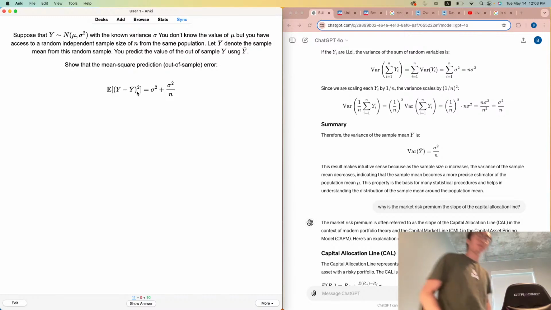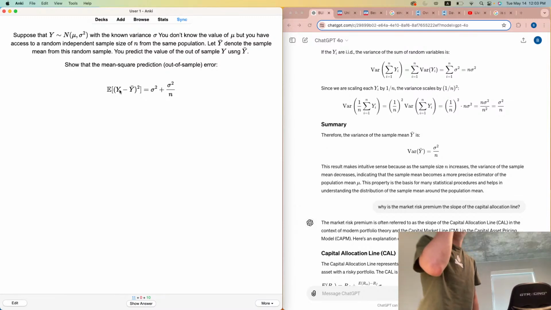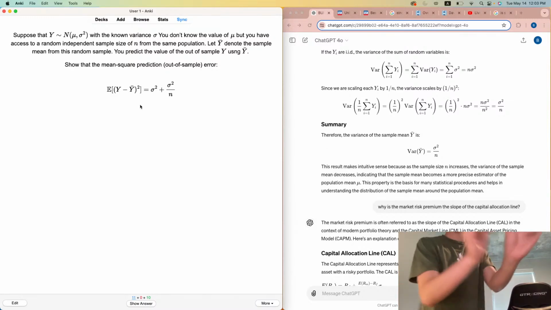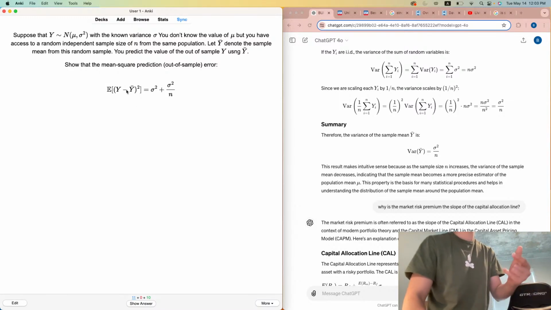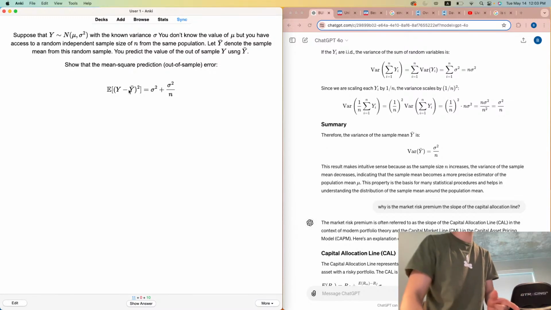Alright, so you can do some fancy tricks here. First, re-express this as y minus mu minus y bar minus mu, and then you square those terms, distribute them out, and multiply them together.